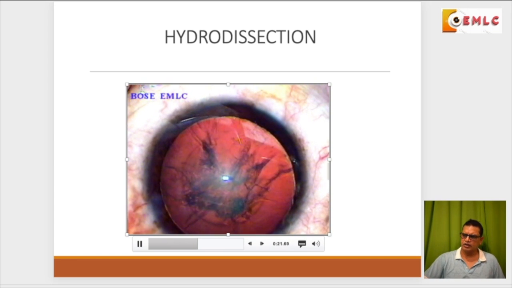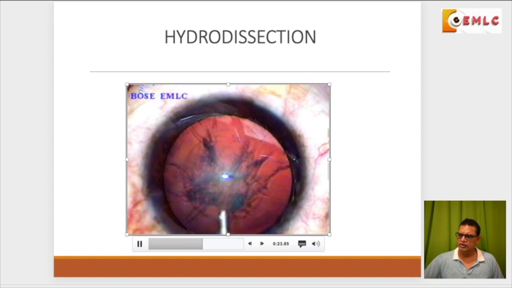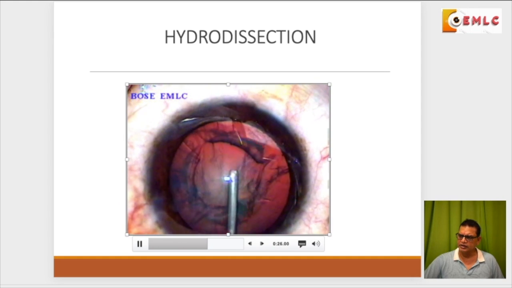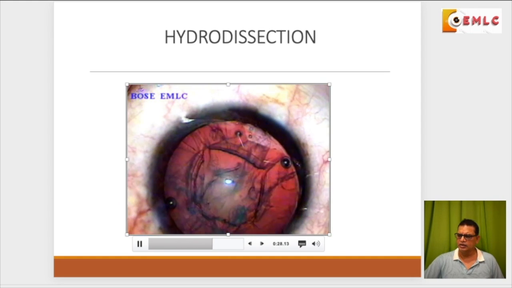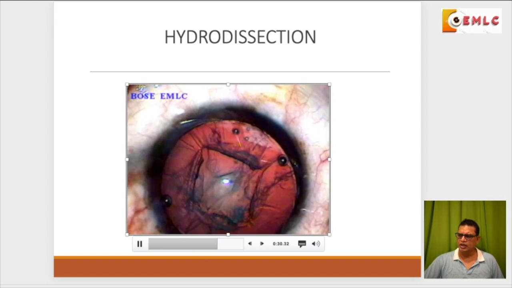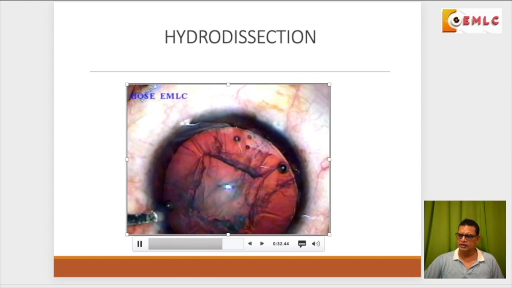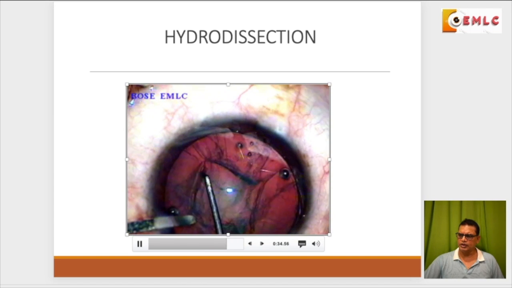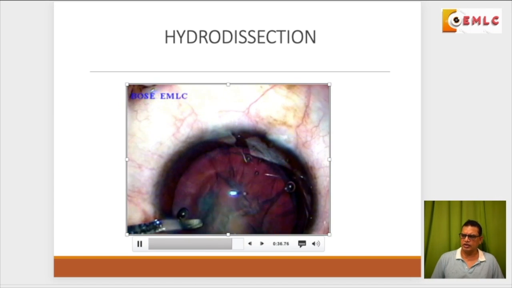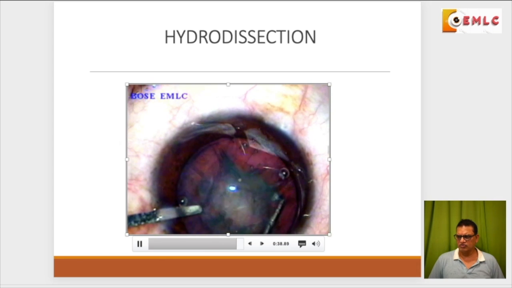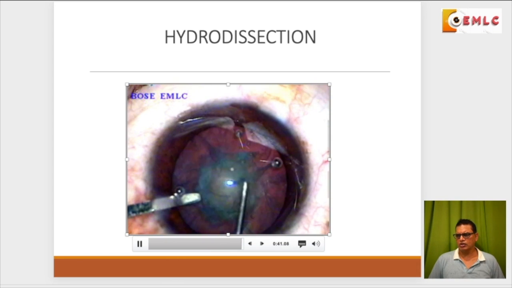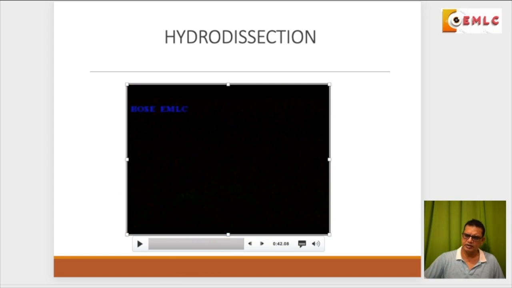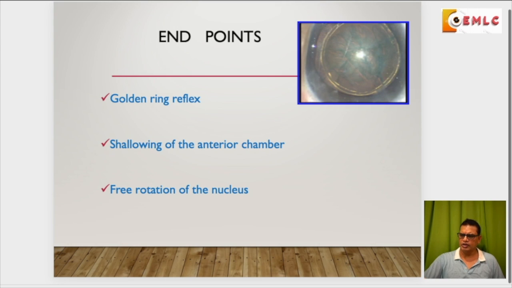And as you have done it completely, as you can see, you'll be able to see the edge of the nucleus all around. And after having done that, you need to do a bit of rotation of the nucleus so that the nucleus is freed. Also, the cortex capsule matters are freed from the capsule.